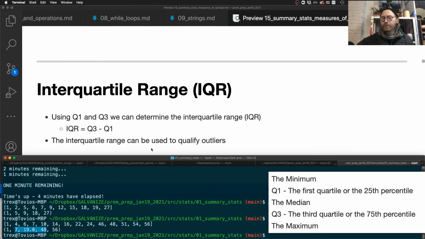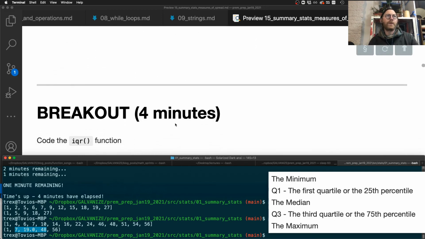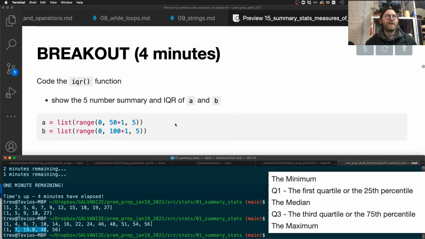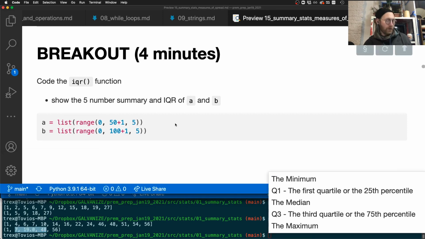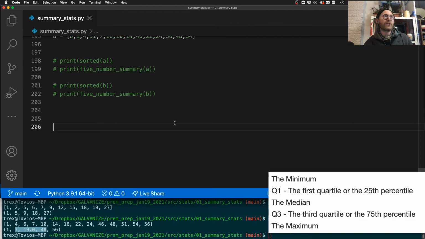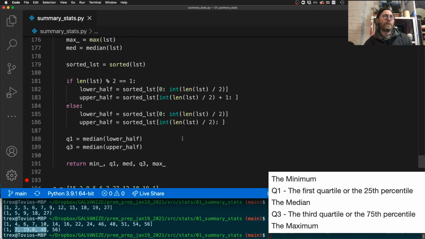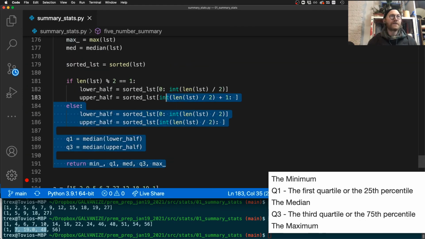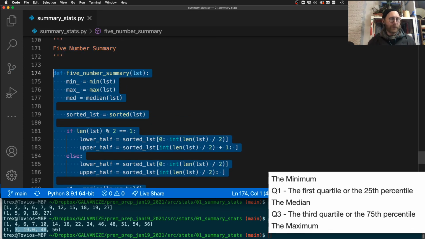So how do we use it to qualify outliers? Well, how about this? We don't need 4 minutes to code this function. Let me give you the solution for the prior function, so you have it. And I'm going to give you 3 minutes to code an IQR function.